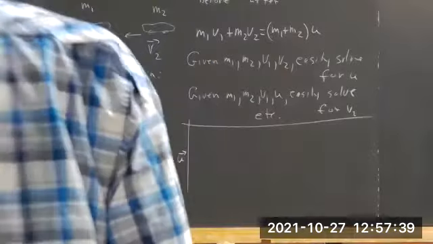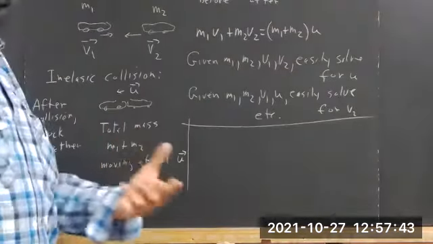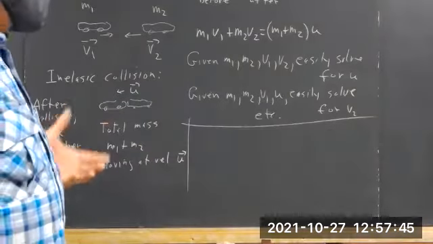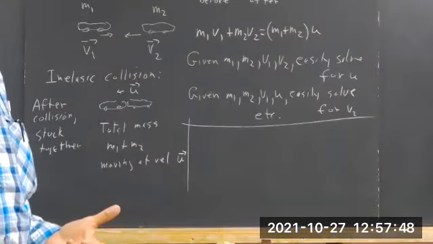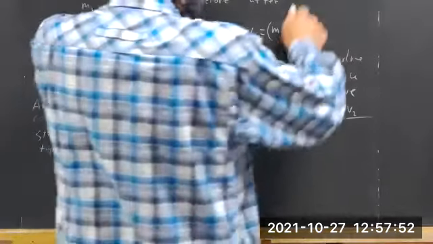Now, if we know that the collision is elastic, well, another thing about the inelastic collision, and you've done this in the homework, kinetic energy is not conserved. You can easily prove it.